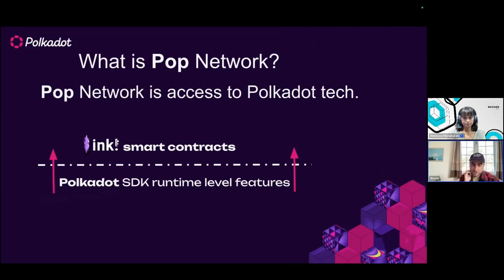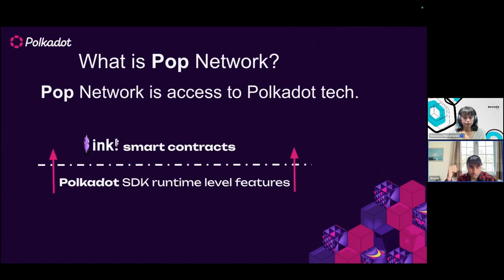But POP network doesn't end there. It's not just a generic smart contract platform. We're taking it a step further. We're building something very unique in POP network. Previously, if you wanted to access Polkadot SDK runtime level features, you'd have to build a parachain. You'd have to be on the blockchain level.